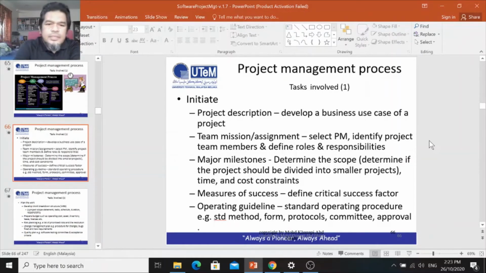During the initiation process, you also need to create the operation guideline. You need to create the standard operating procedure: how to manage the change, how to manage the design change, how you want to manage the acceptance of the deliverable, for example, how you want to get the sign off of the SRS.